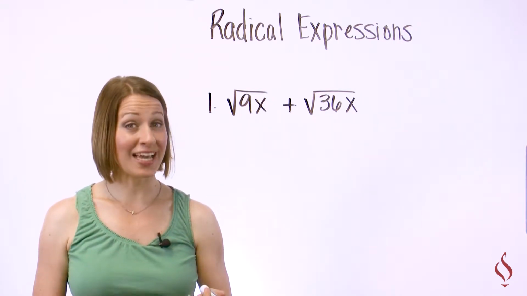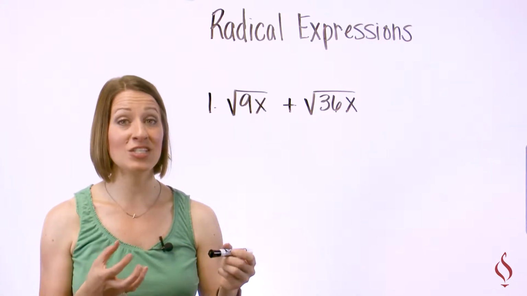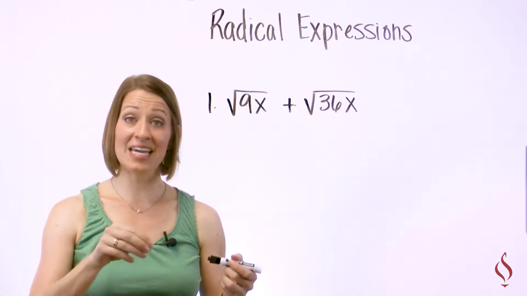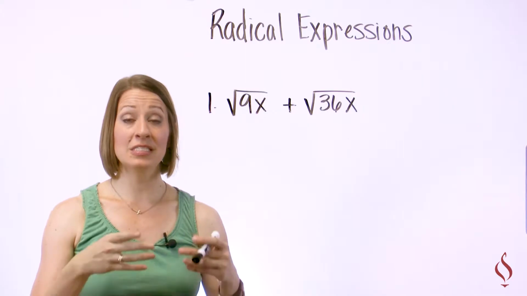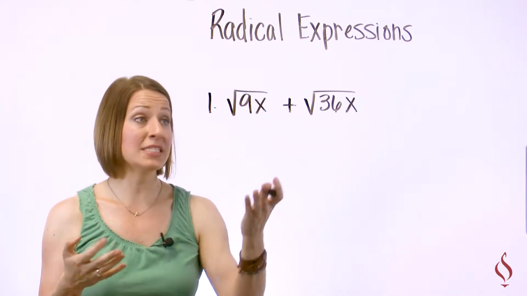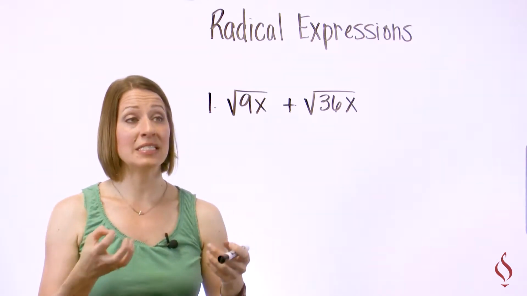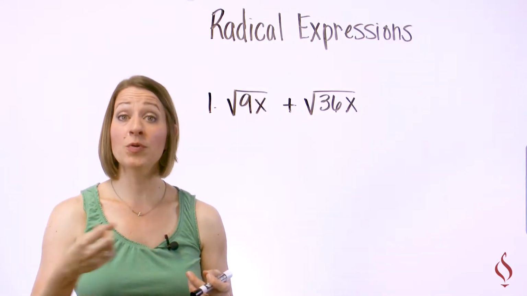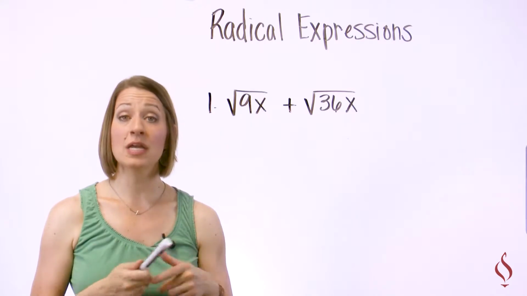So how do we do that? Well, the only way to change a number that's inside the radical is to simplify that radical. Because it's a square root, it's to take the perfect squares out and simplify it that way.